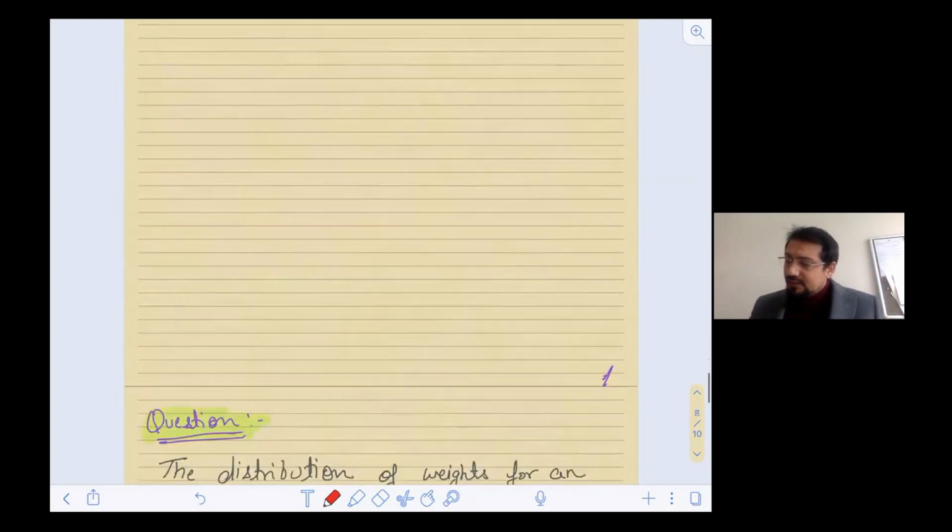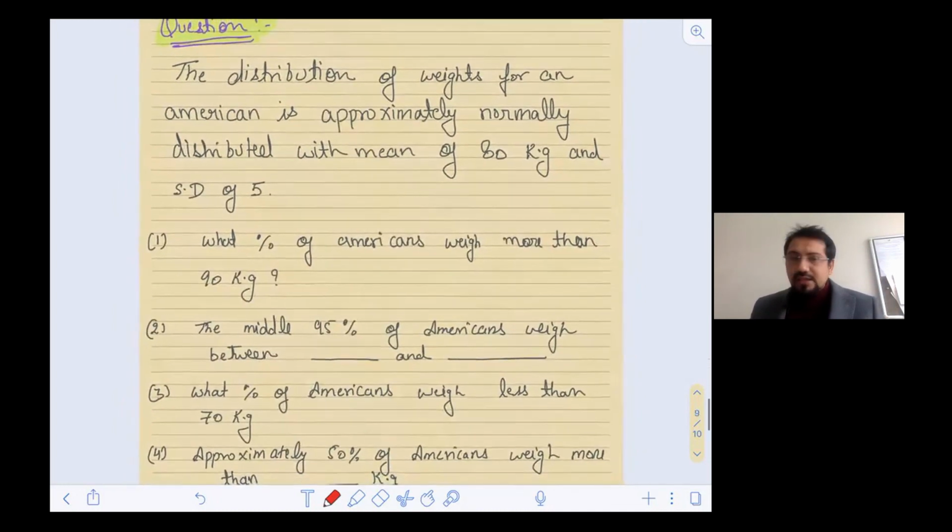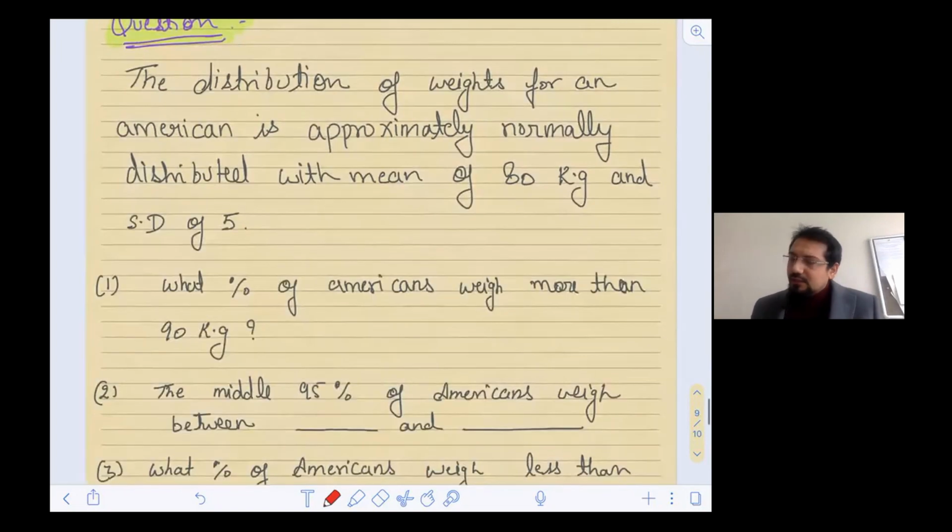Okay, there is one more question I have already written in order to save our time. Look at the question on the screen. The distribution of weights of Americans is approximately normally distributed, with a mean of 80 kg and a standard deviation of 5 kg. So the normal weight of an American is 80 kilograms, and the standard deviation is 5, which means on average, how far an American is from the average American weight.